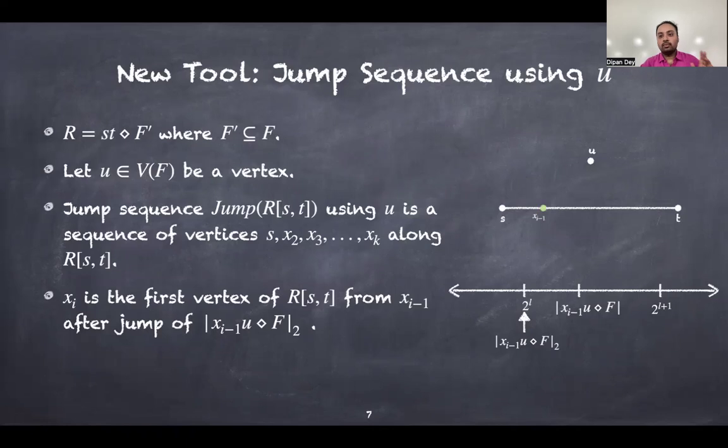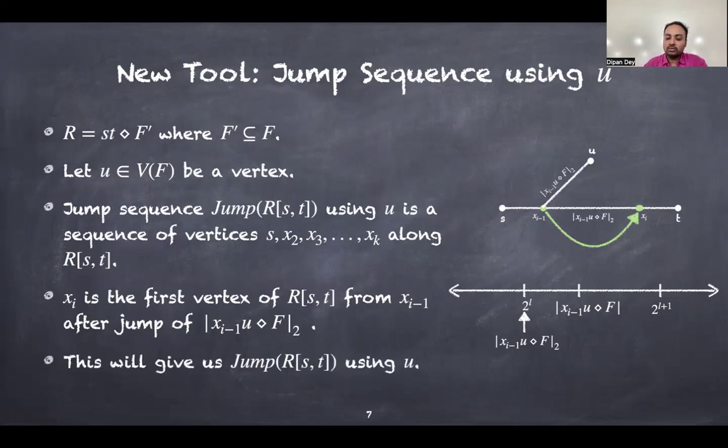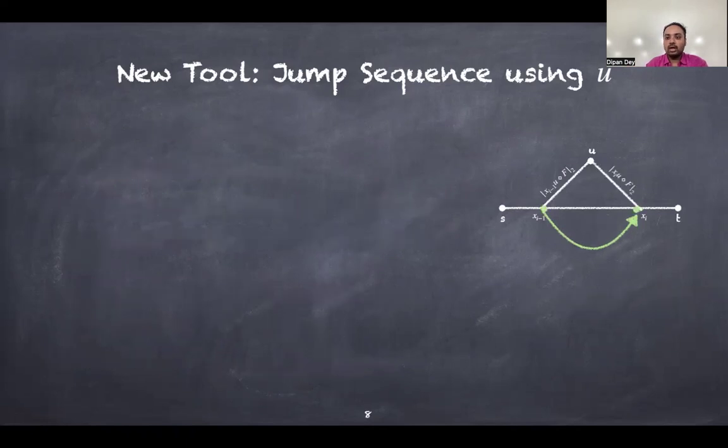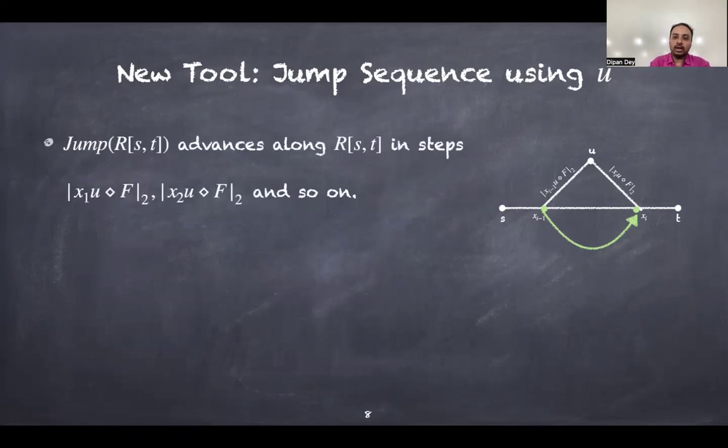From xi minus 1, we measure this distance from xi minus 1 to u avoiding f, base 2, and we jump this distance through R, and we get the first vertex on R at this distance, which we call xi. This way we keep taking jumps in RST using U. From xi, we again measure this distance and jump on. So the jump sequence is advancing along RST in distances of xi to U, avoiding f, base 2, and so on.